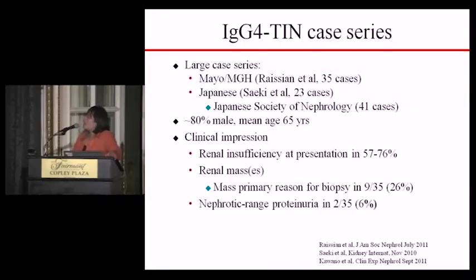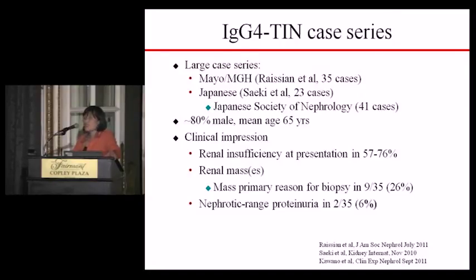Okay. A few large case studies show IgG4-induced interstitial nephritis is more commonly seen in elderly men. And clinically, more than 50% of the patients already have renal insufficiency at the time of presentation.